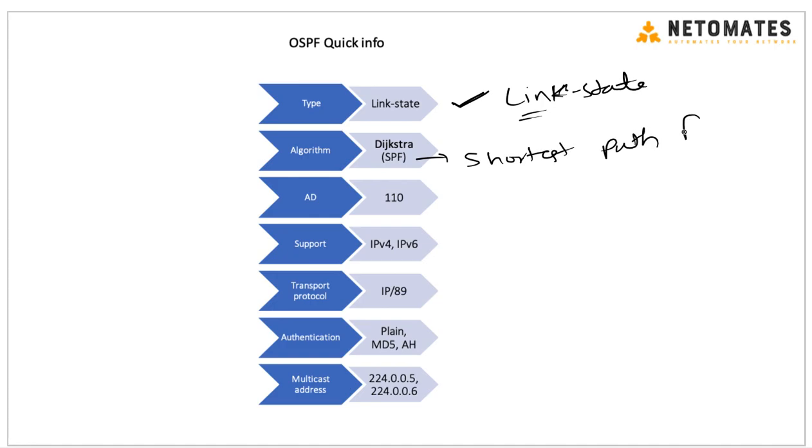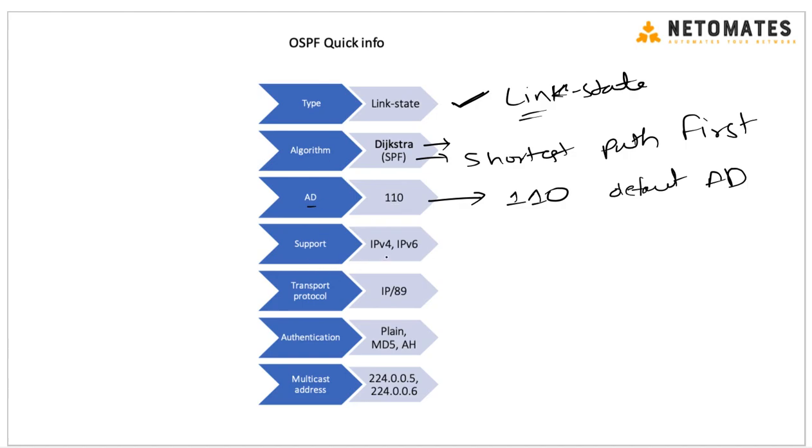This algorithm was invented by Dijkstra, the scientist. The administrative distance of any route learned by OSPF is 110. This is the default AD value of OSPF routes.